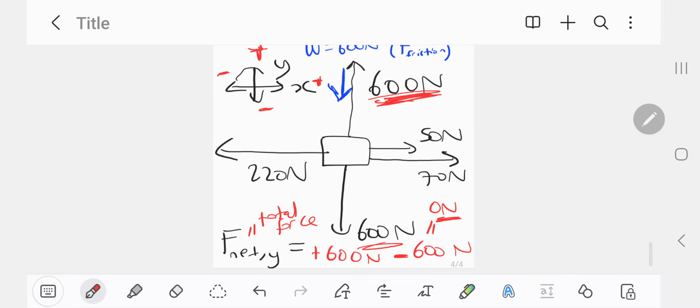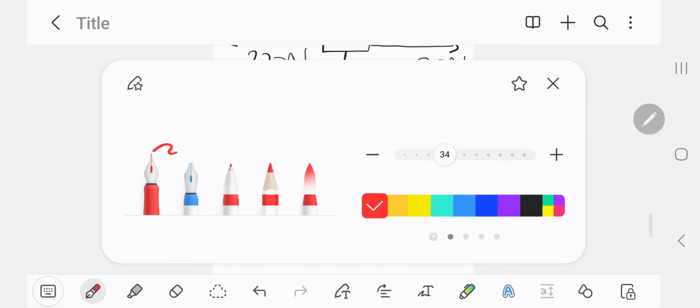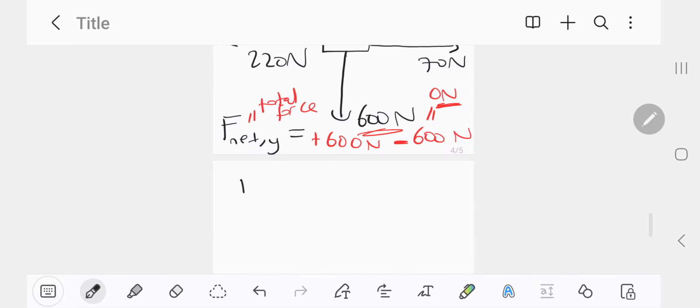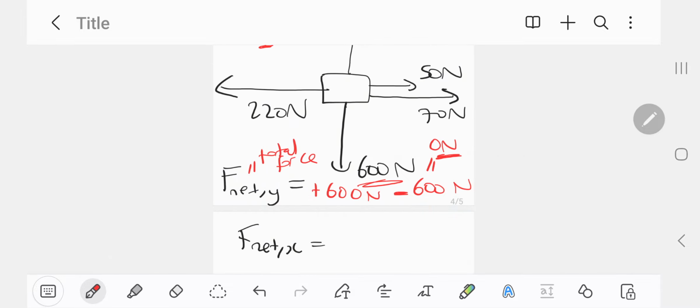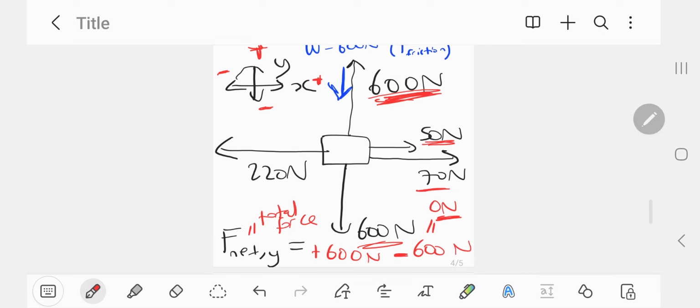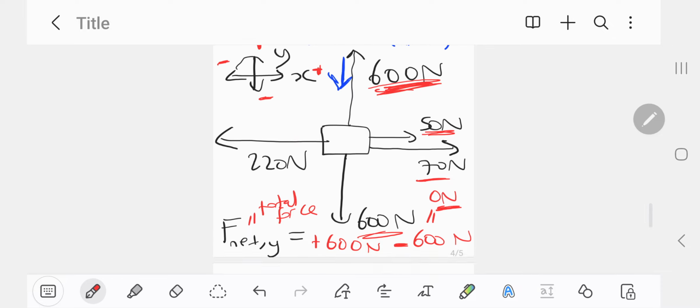Now, what about the x direction? F net sub x. Now, it's a bit more complex. It's not really that complex. Just have to look at the diagram. Now, you have minus 220 going to the left. Let's start from the left to make things easy. You have plus 50 newtons to the right and also plus 70 newtons to the right, because that's in the plus x direction.